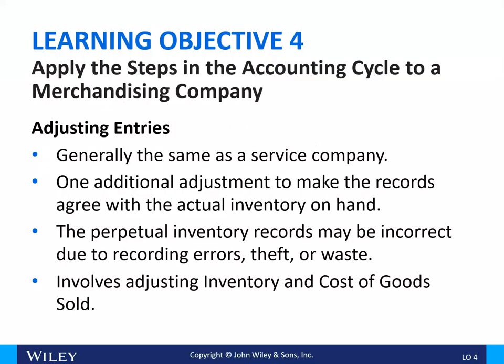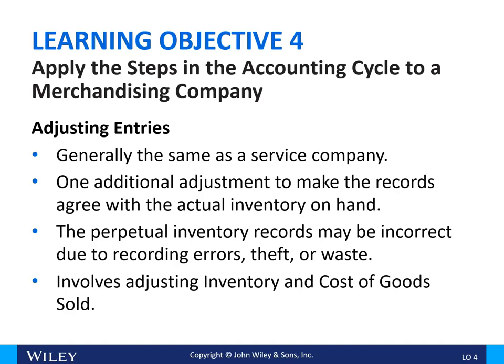So now let's look at the steps in the accounting cycle for the merchandising company. Adjusting entries are generally the same as a service company. The adjusting entries we looked at in chapter 3 are going to be the same, except there's one additional adjustment.